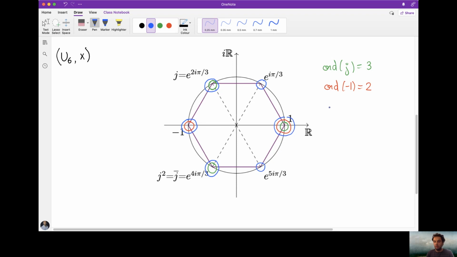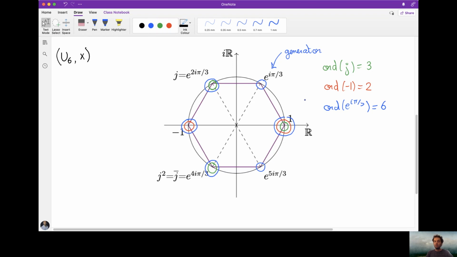And then you come back here. So the order of exponential i pi over 3 is 6, right? And in this case, because exponential i pi over 3 generates all the elements of the group, we're going to say that this element here is a generator of the group.